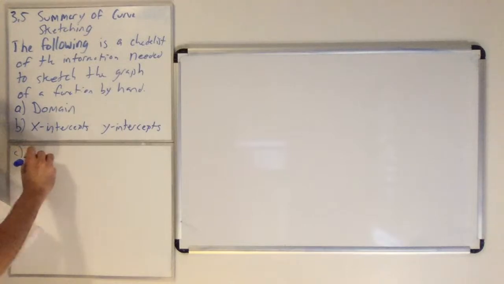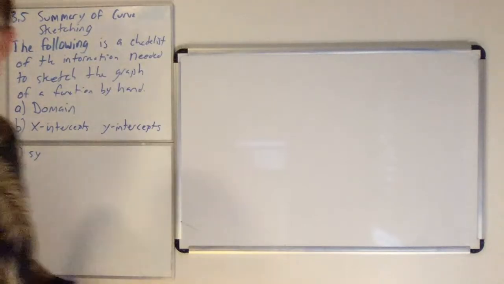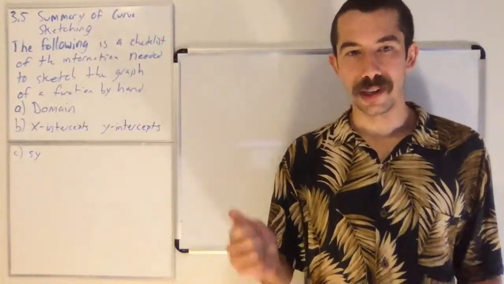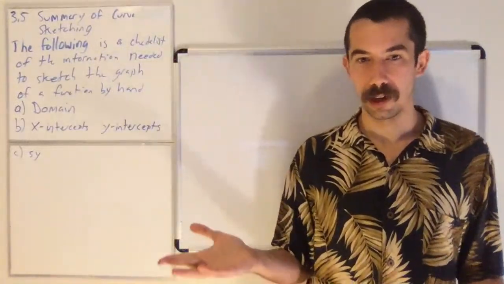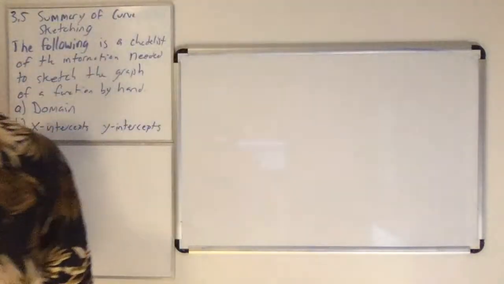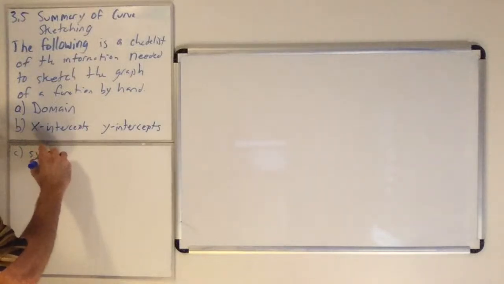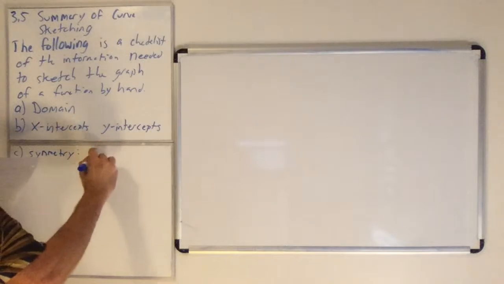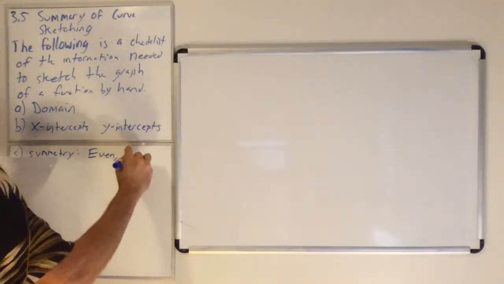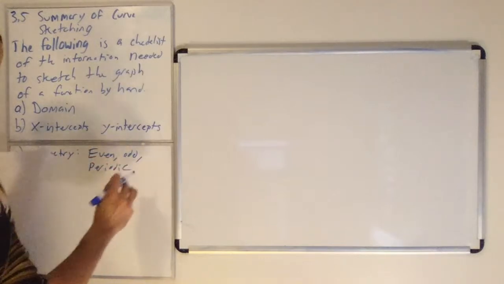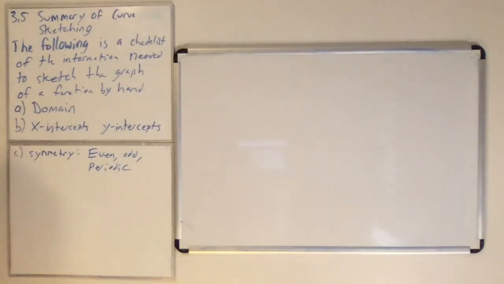Okay, the next one is symmetry. So my question for the chat is, before I write that out, how do you test if a function is even or odd? Okay, what was our way to check that? Yeah, exactly.